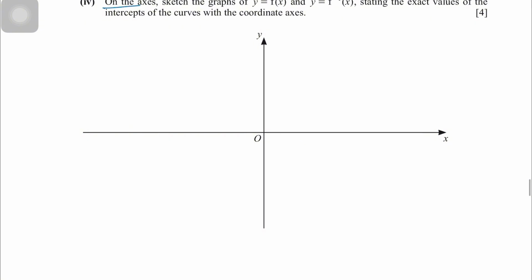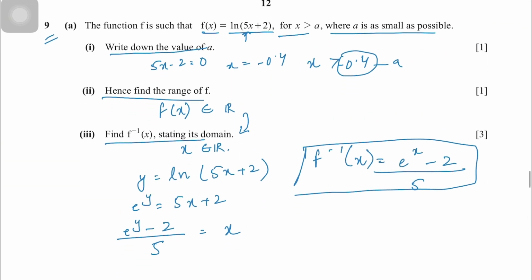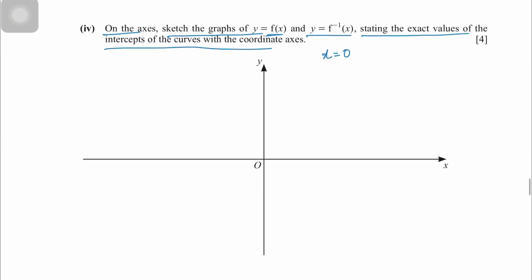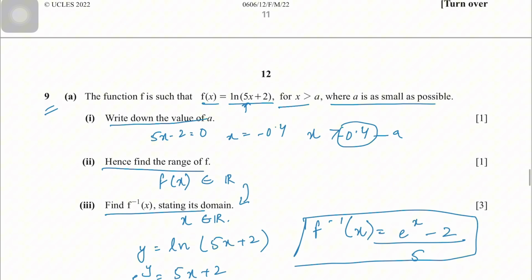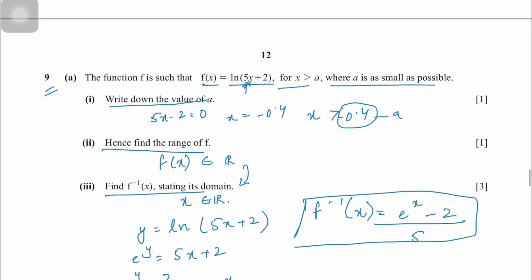Now on the axes, sketch the graph of y equals f of x and y equals f inverse of x, stating the exact values of the intercepts of the curve and the coordinate axes. I can do one thing: calculate the asymptotes and everything first. So x equals 0 in our f of x. When we put x equals 0, we get y equals ln 2. So this would be 0 and this would be ln 2.